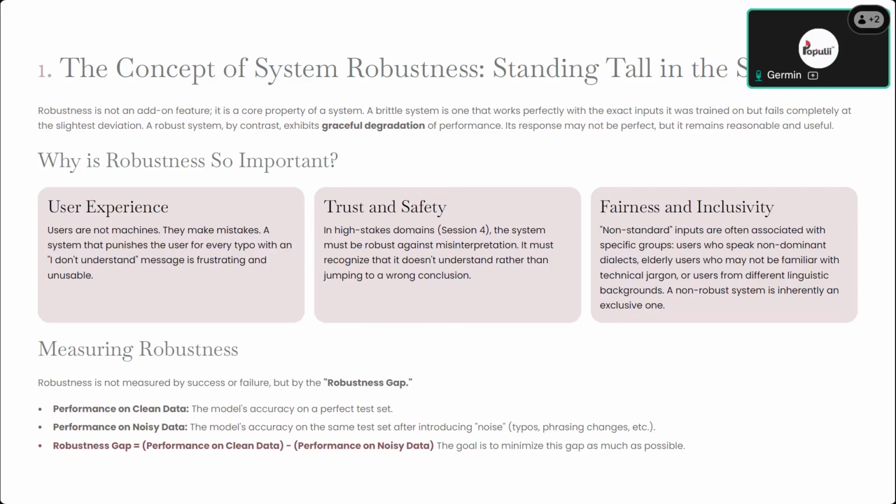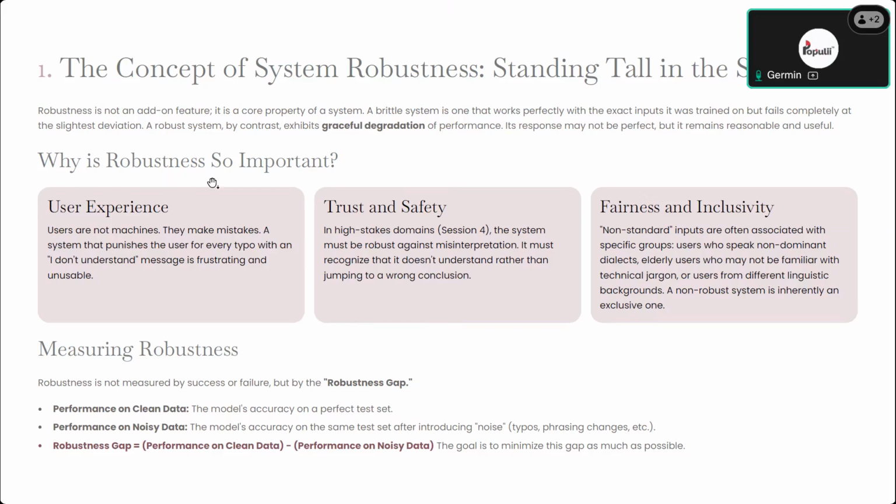But the moment something changes, even slightly, it completely breaks down. But a robust system, on the other hand, behaves very differently. It might not give a perfect response every time, but it can still produce something responsible and clear and useful, even under imperfect or unexpected conditions. So that's what we mean by graceful degradation. It's the ability to bend without breaking.